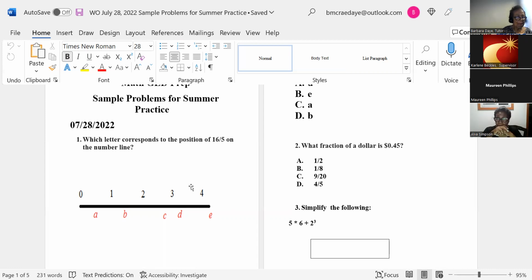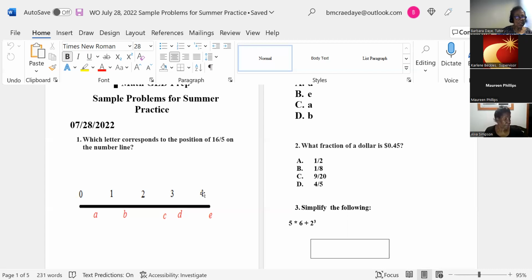So I will send you the work today after we finish. After you send in the work for that week, I'll send you the next. There will be 5 practice sheets for the summer: the 5th, the 12th, the 19th, the 26th of August, and then September 2nd.